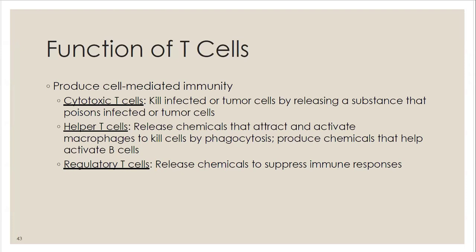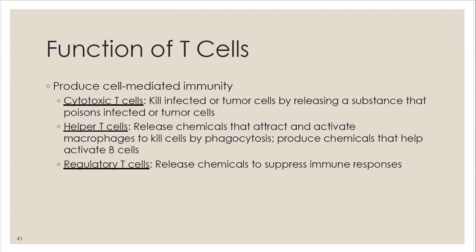You have your helper T cells, which release chemicals called cytokines, and this coordinates the immune response. It helps to attract and activate macrophages to kill pathogens, and it helps activate B cells to produce antibodies by releasing additional signal molecules.